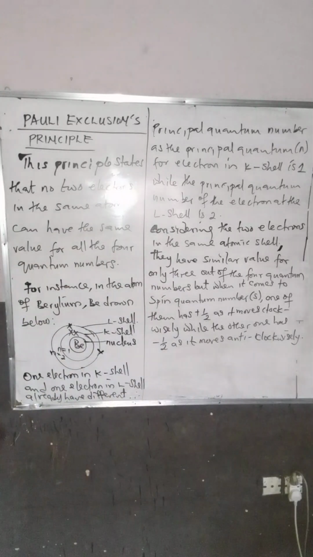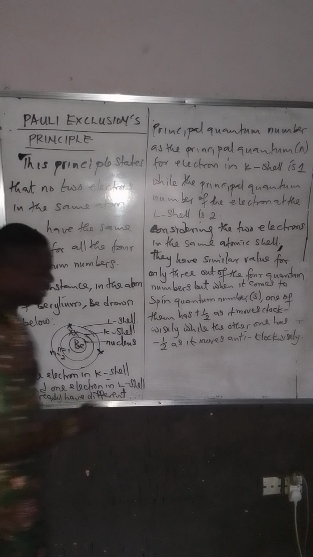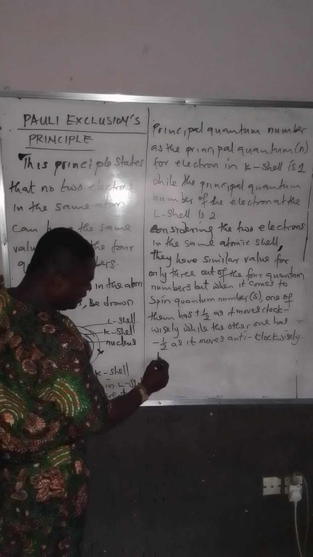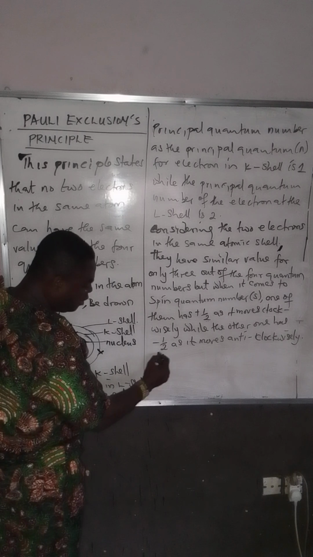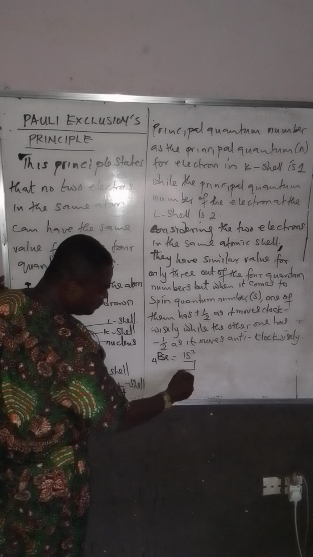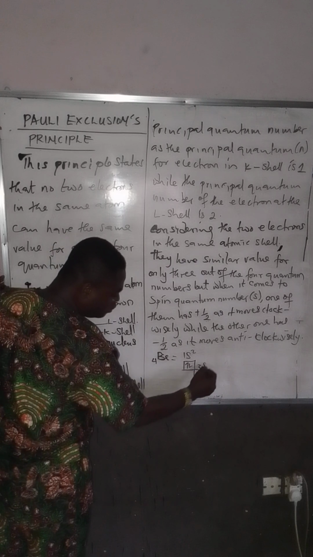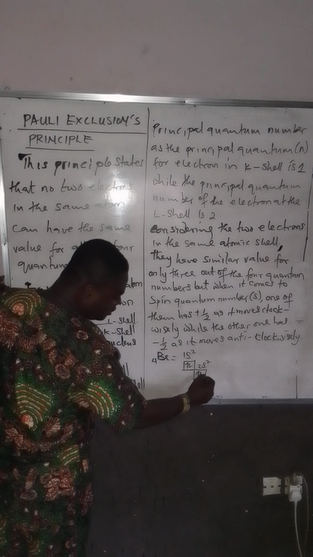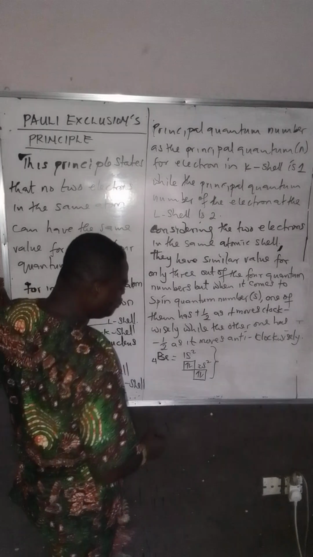So this one, if it moves clockwise like this, then this one will move anti-clockwise. That is why when we're representing beryllium, Be4, it was represented as 1s2 and 2s2. You can see the two of them occupy what shell now?